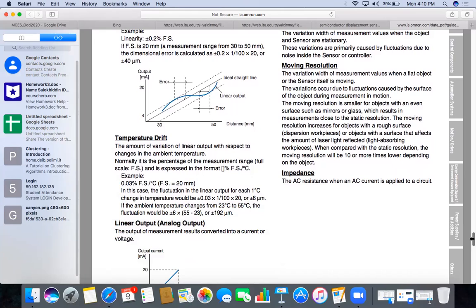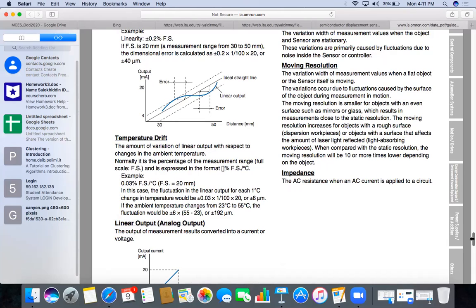Temperature drift is the amount of variation of the linear output with respect to changes in the ambient temperature. Normally it is a percentage of the measurement range full scale, expressed in percentage full scale per degree Celsius. For example, 0.03% full scale per degree Celsius, where FS is equal to 20 millimeter.